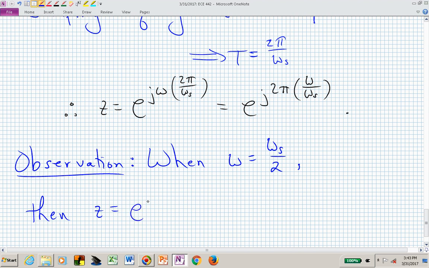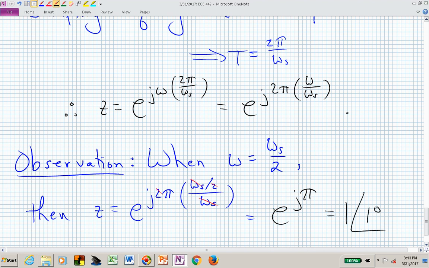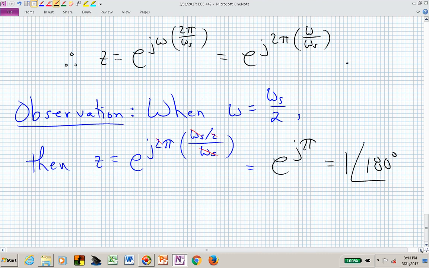Now z is equal to e to the j 2 pi, but we said let's replace omega with omega sub s over 2. I think you can see that the omega sub s cancel, the 2's cancel, and we're left with e to the j pi. But e to the j pi has a magnitude of 1 and an angle of pi, or 180 degrees, which is just minus 1 in terms of where we are in the z-plane. So now z is equal to minus 1.